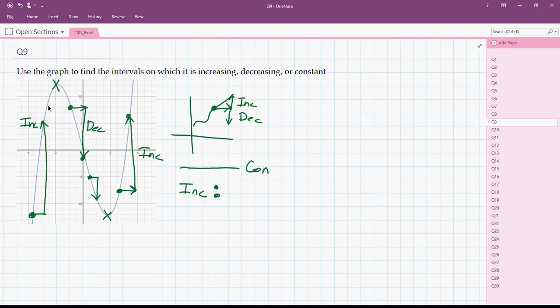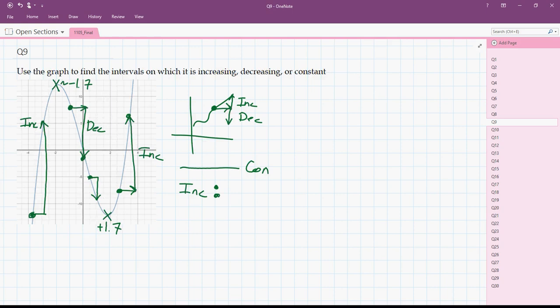So this isn't actually at -2. It's roughly at around -1.7. And this is at around +1.7.